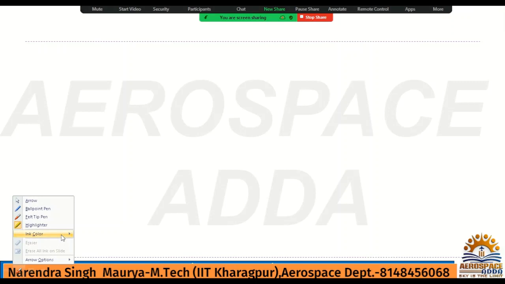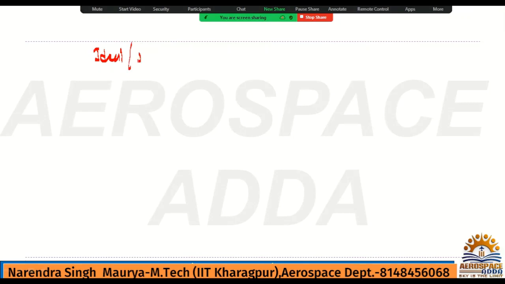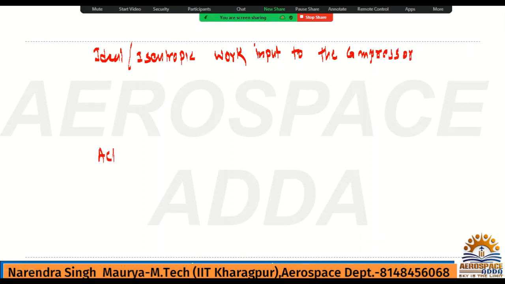Ideal or isentropic work input to the compressor, and we can write here actual at the same time, actual work input to the compressor.